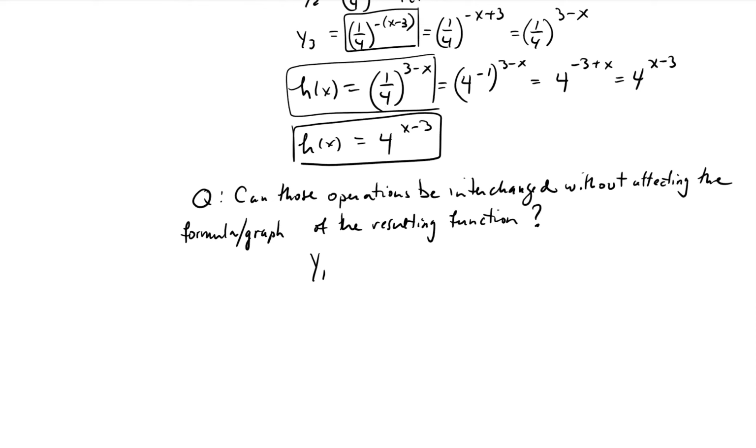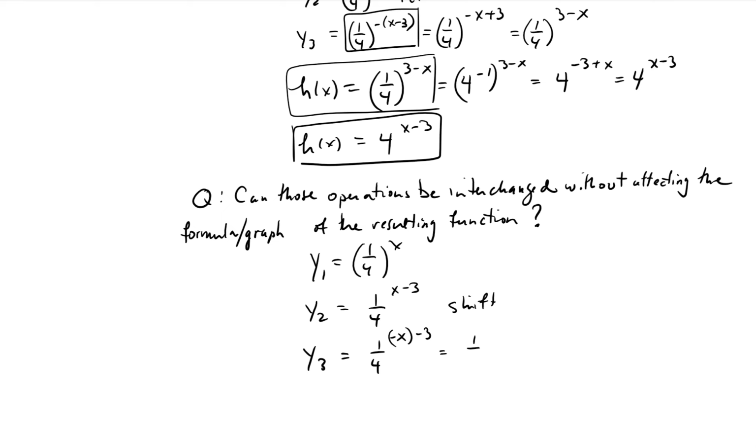So here, if we start with this, if I shift first, okay, that means I replace x by x minus 3. This is shifting. So shift, okay, 3 to the right. And then, if I reflect, I need to replace x by minus x, okay, like that.